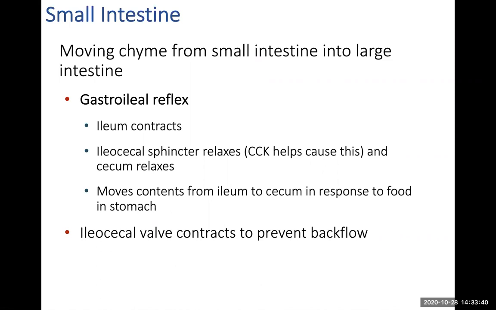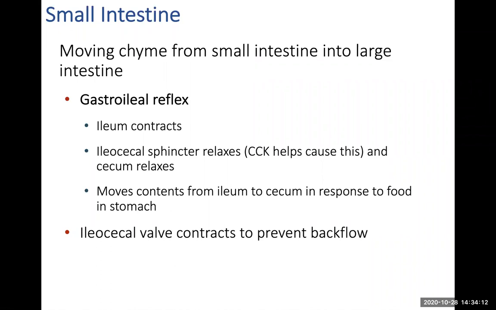There is a sphincter that controls the movement of substances from the ileum to the cecum, and that sphincter is called the ileocecal sphincter. The gastroileal reflex is essentially responsible for contraction of the ileum, which increases pressure and opens up the ileocecal sphincter and moves the items within the small intestine into the large intestine.